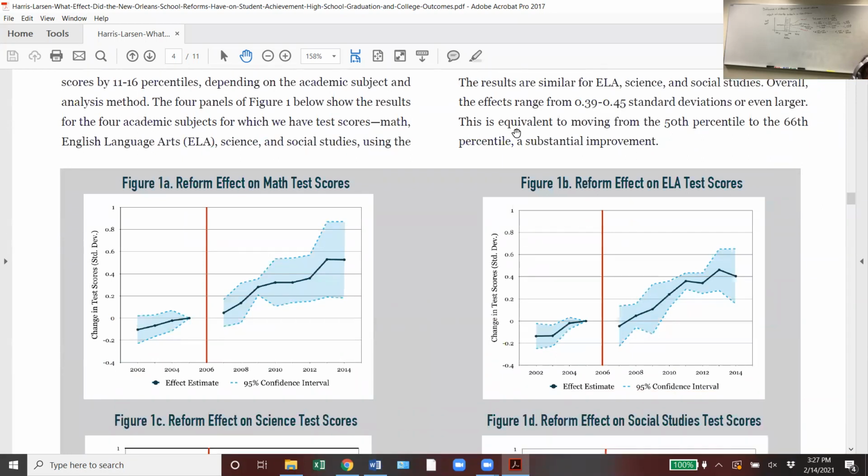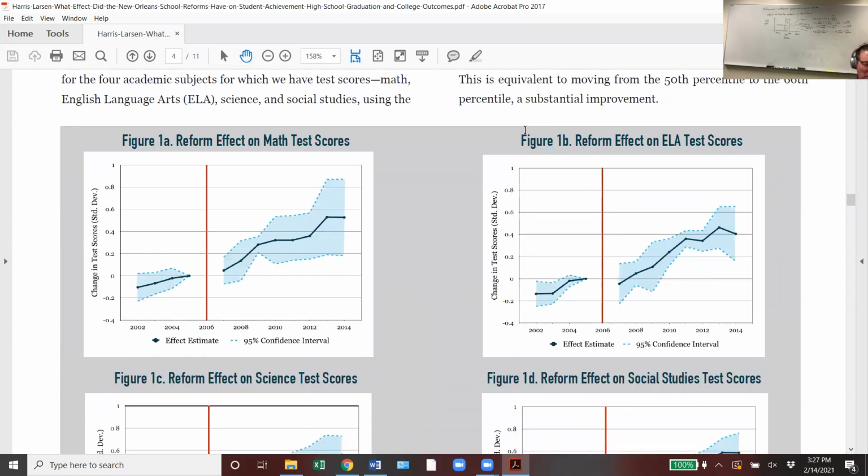If you look at math and reading scores, you get a similar kind of picture. Things grow to half a standard deviation, 4/10 of a standard deviation. Here, there's a little bit of a more troubling pattern, although it's never really statistically significant. Instead of having a pretty flat line here, which is what we saw with science and social studies scores, it looks like before Katrina in math, the New Orleans kids were improving a bit relative to the adjacent school district kids.